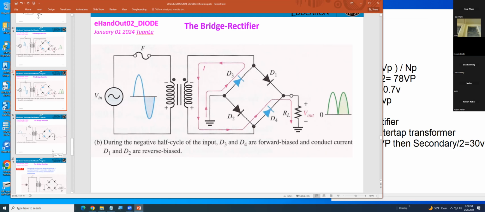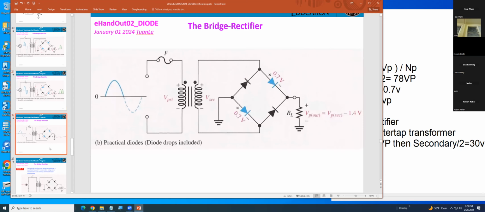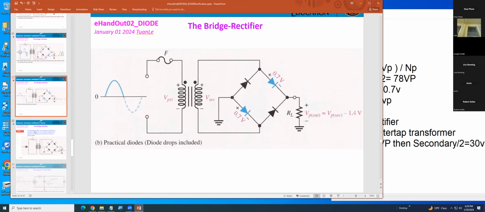So they flip back and forth. Basically they're telling you, if they are on, 0.7 volt, 0.7 volt, the output here will be equal to Vp secondary minus 1.4, 0.7 plus 0.7, that's 1.4.